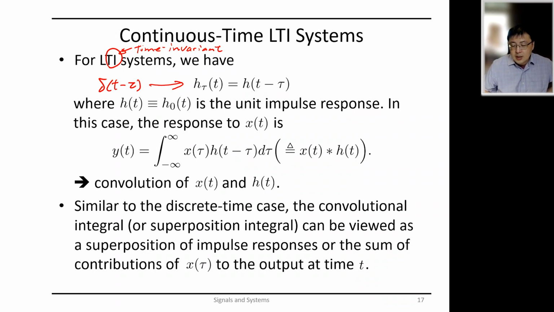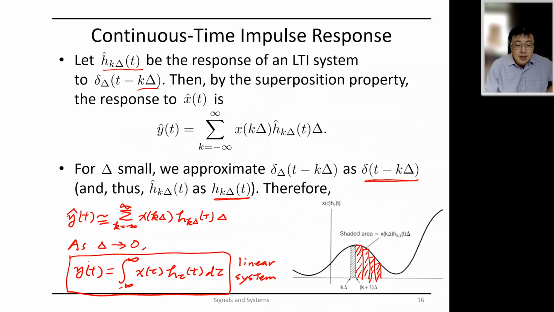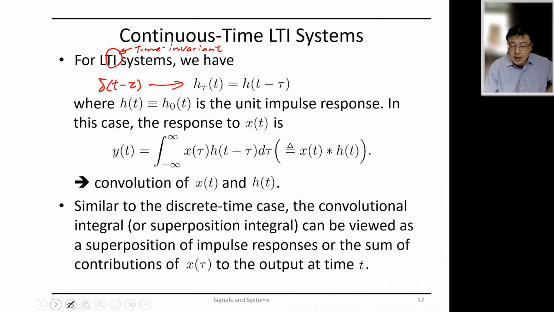Okay, so if you substitute h of t minus tau into h sub tau of t in the previous slide, then the input-output relation can be written as this integral form here. Right? So the output y of t is equal to the integral of x of tau times h of t minus tau. Okay, and this is conveniently written as x of t, with a star or asterisk, times h of t.